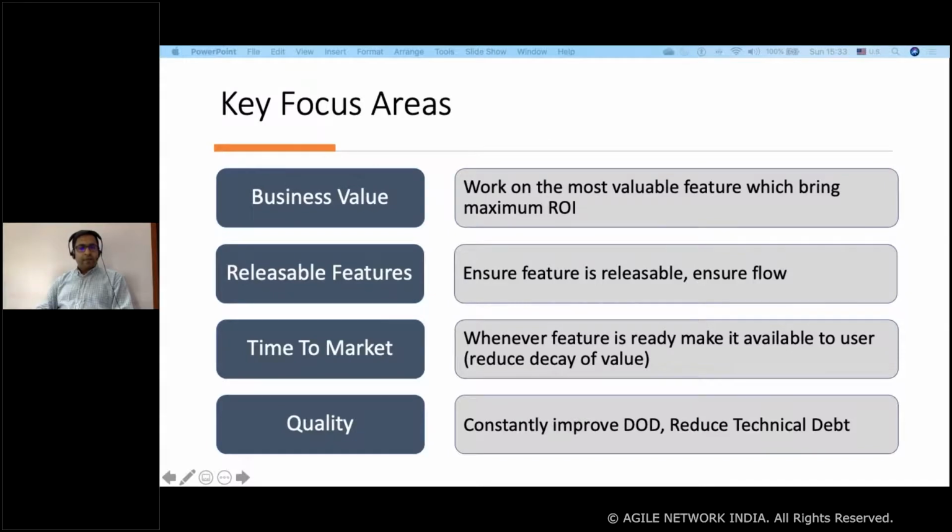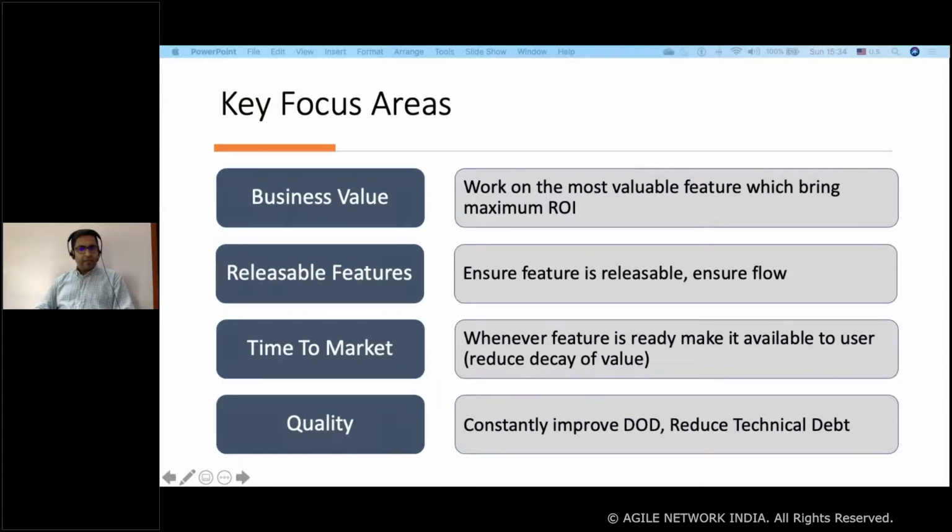The next is releasable features. Features should be releasable, in the sense that the feature should be broken down if necessary, the smaller the better, or grouped logically so that there are fewer dependencies and it can be shipped.